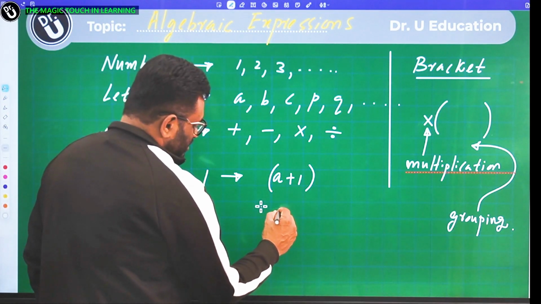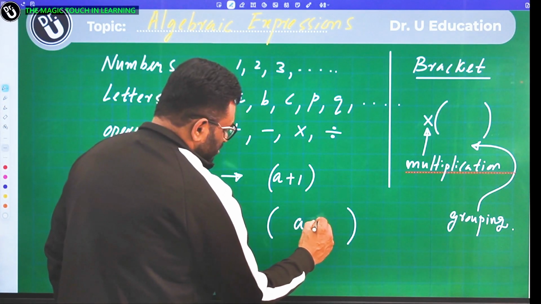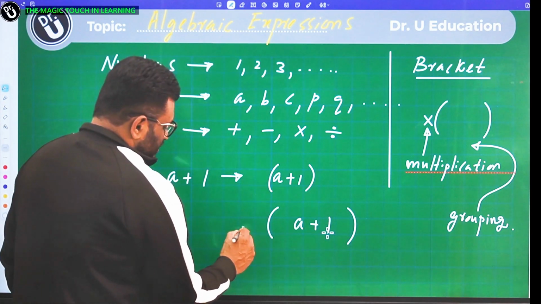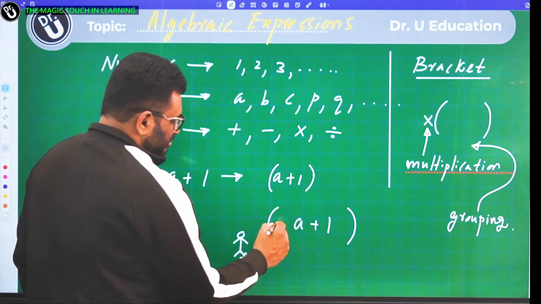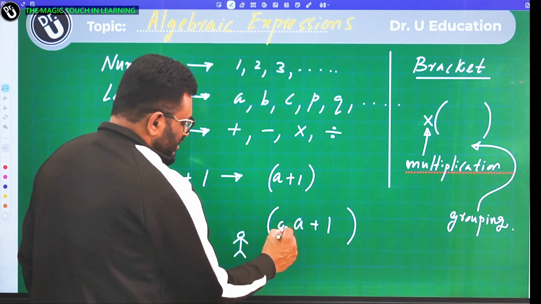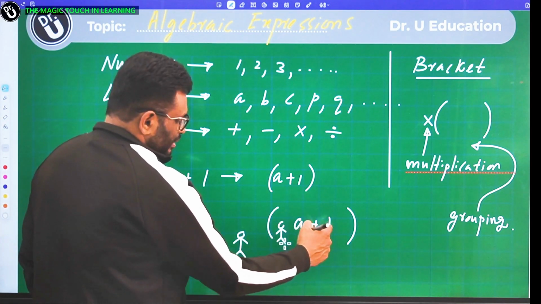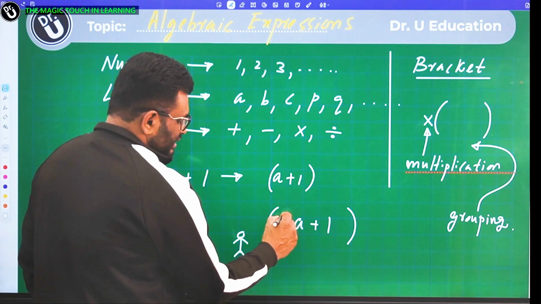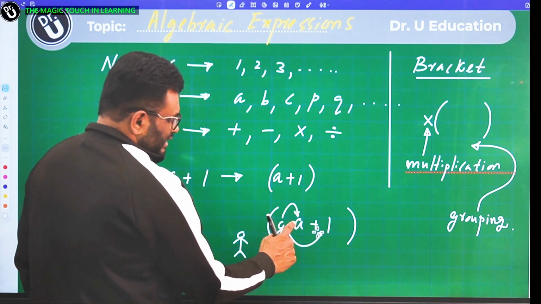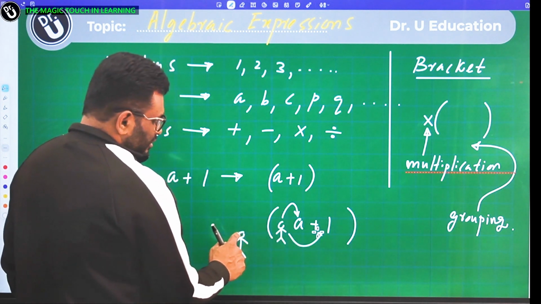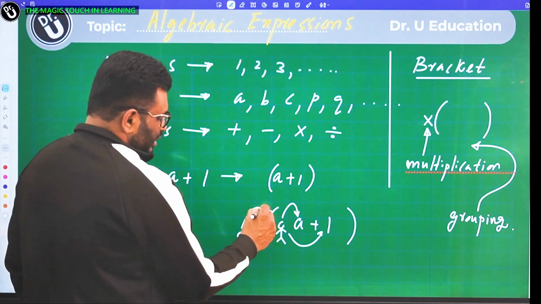Now, I am going to make it a little bigger here, a plus 1. Suppose you are looking at this a plus 1 from the outside, and you are looking at a plus 1 from inside. If you are looking from inside, you can see 2 terms. But if you are looking at this group from outside, you can see one group here.